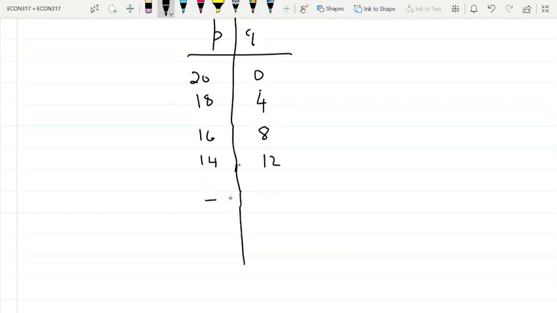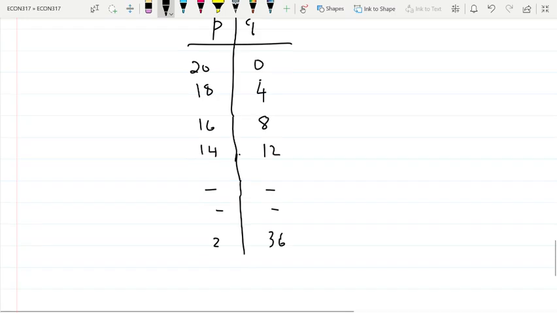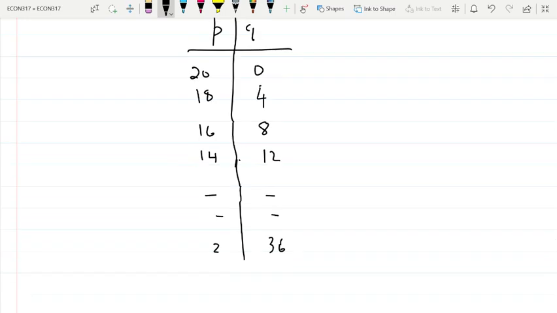You can see when P is $2, quantity is 36 units. And given this data points, and we are also given that the relationship between price and quantity is linear, then we could write down the formula for the price quantity relationship.